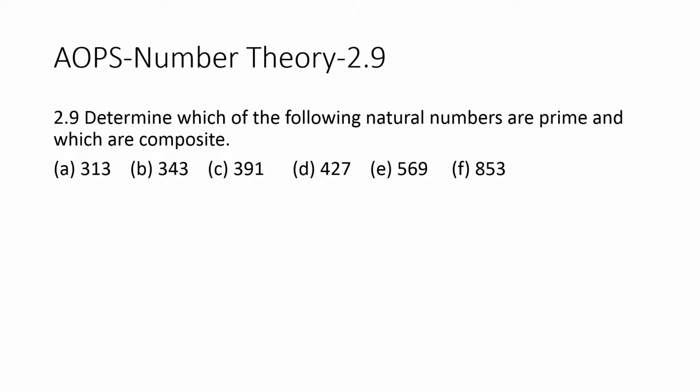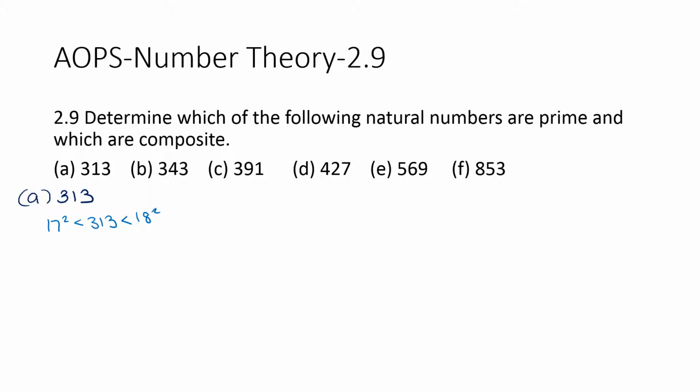2.9. Determine which of the following natural numbers are prime and which are composite. So A is 313. So if we square root 313, 313 is in between 17 squared and 18 squared.